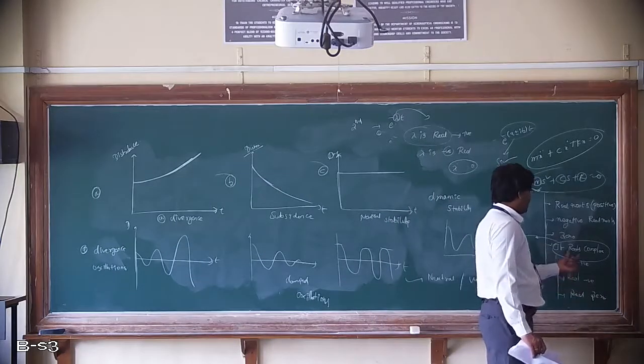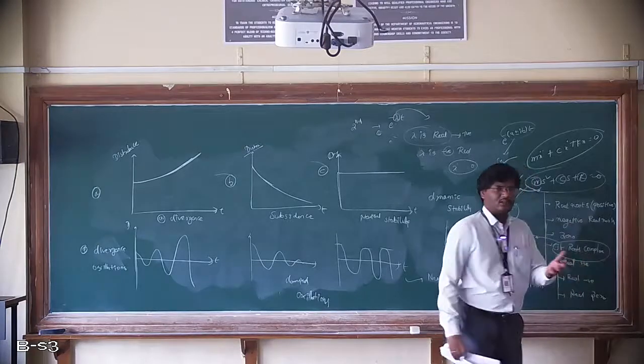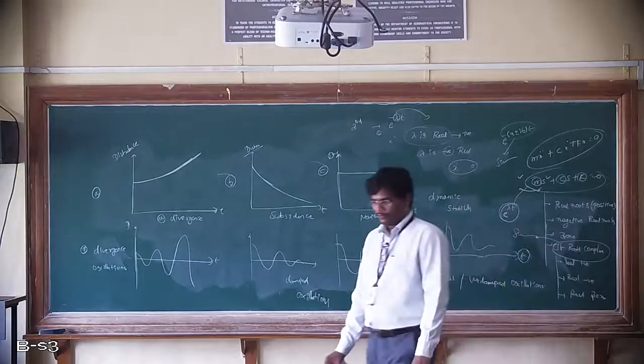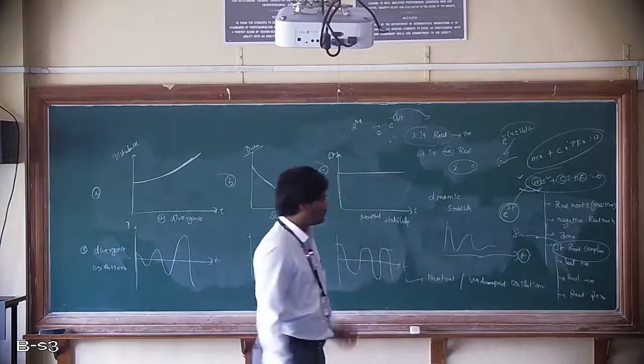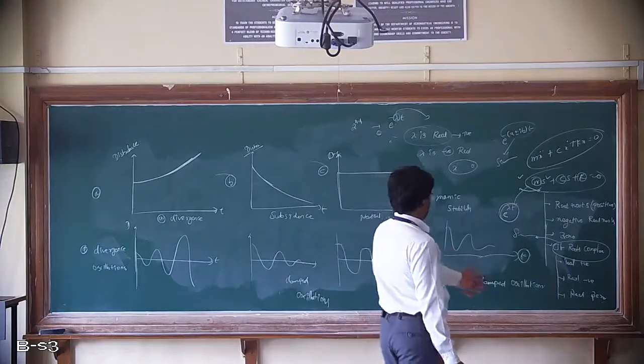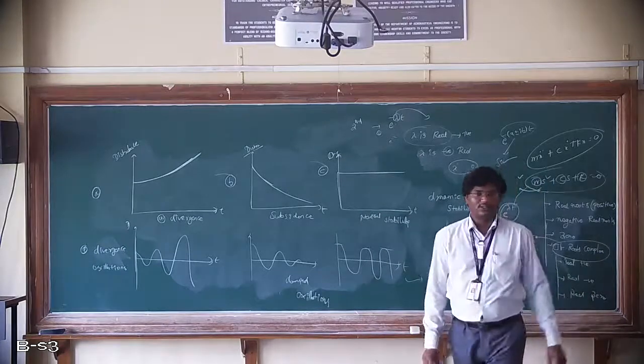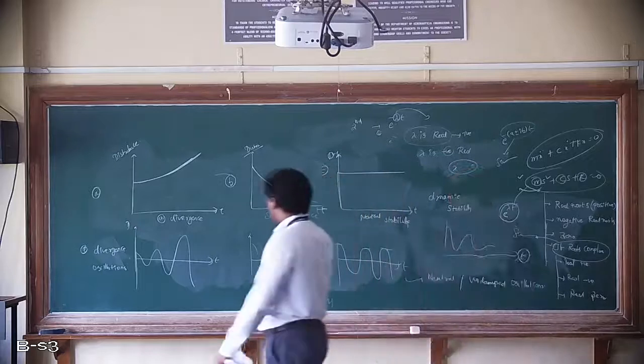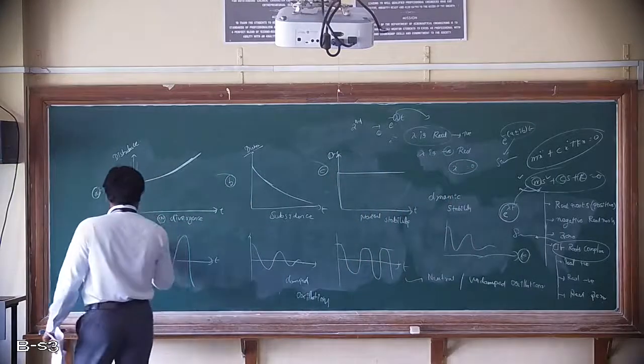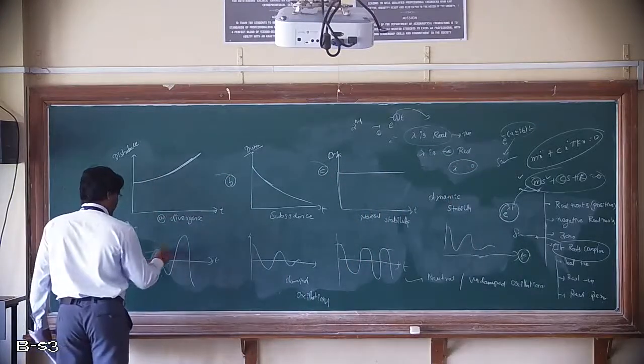One is the real term and one is the imaginary term, right? The real term is positive, or the real term is negative, or the real term is 0. Three chances.